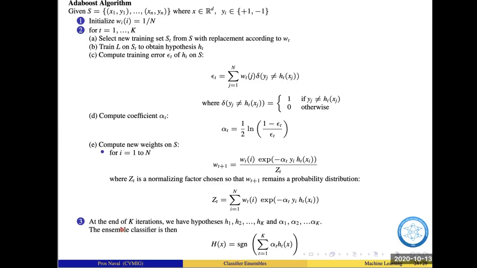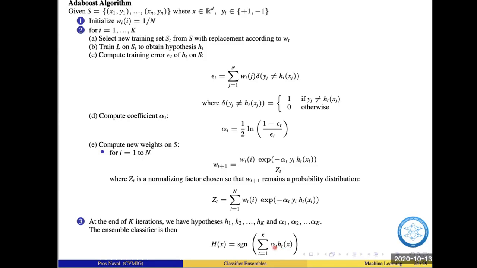At the end of the kth iteration, we have hypotheses H1, H2, Hk. These are the k different classifiers, and coefficients alpha 1, alpha 2, up to alpha k. With this, we now have the ensemble classifier, which is a simple classifier. Basically, you have an input x. You ask each of the different classifiers to output their results.